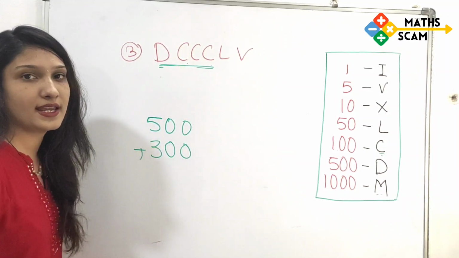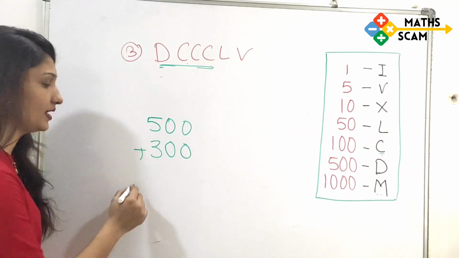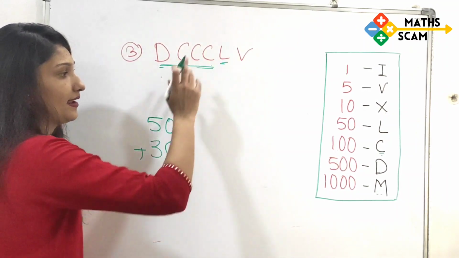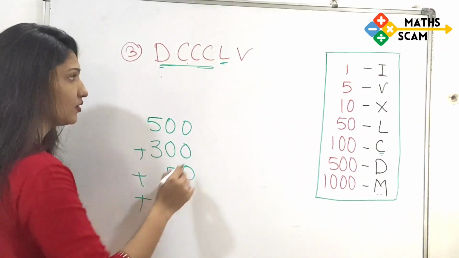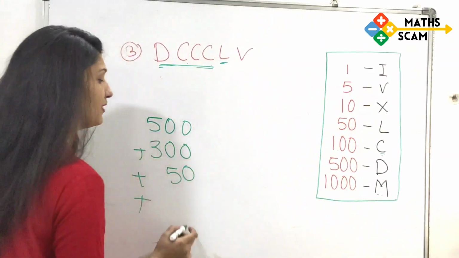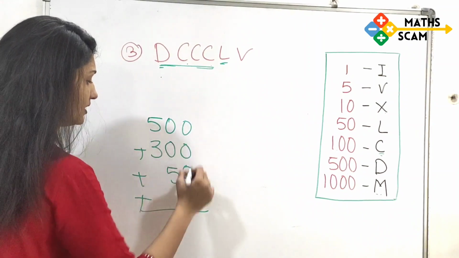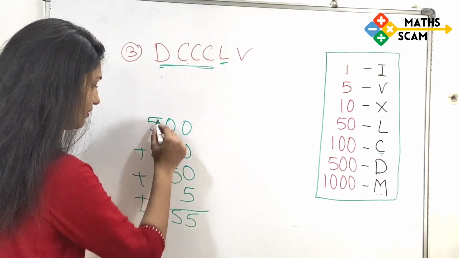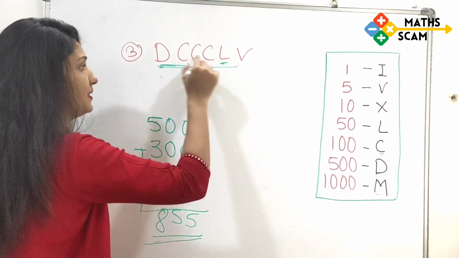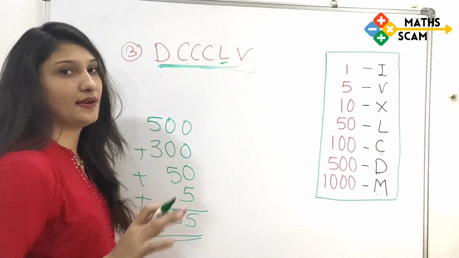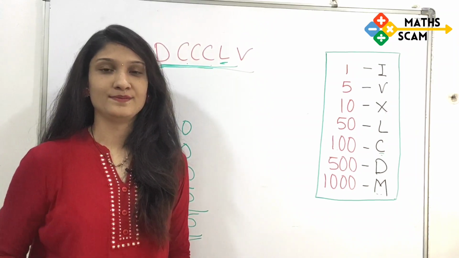So 500 plus 300, 800. Then L stands for 50. So add 50 plus V stands for 5. Add these numbers, 5 plus 5, 55, plus 800. So 855 can be written as DCCCLV in Roman.